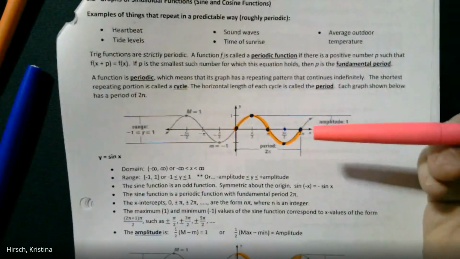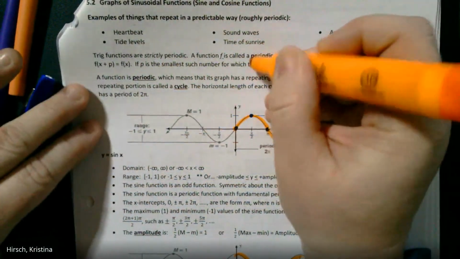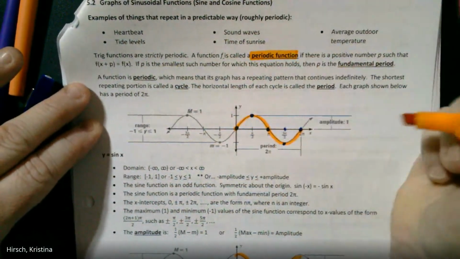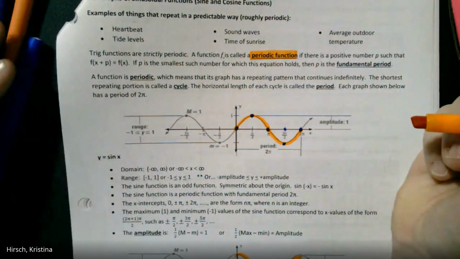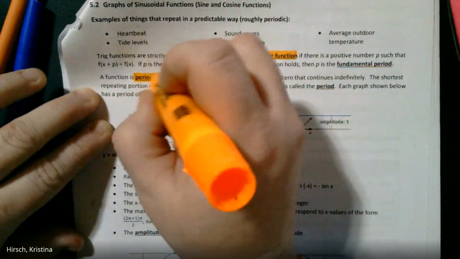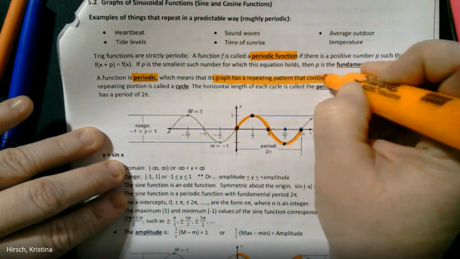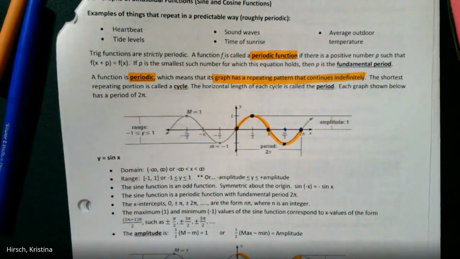Something you need to understand about your sine functions is that sine and cosine both are considered to be periodic functions. Periodic just basically means that it's a graph that has a repeating pattern and it's going to continue indefinitely.